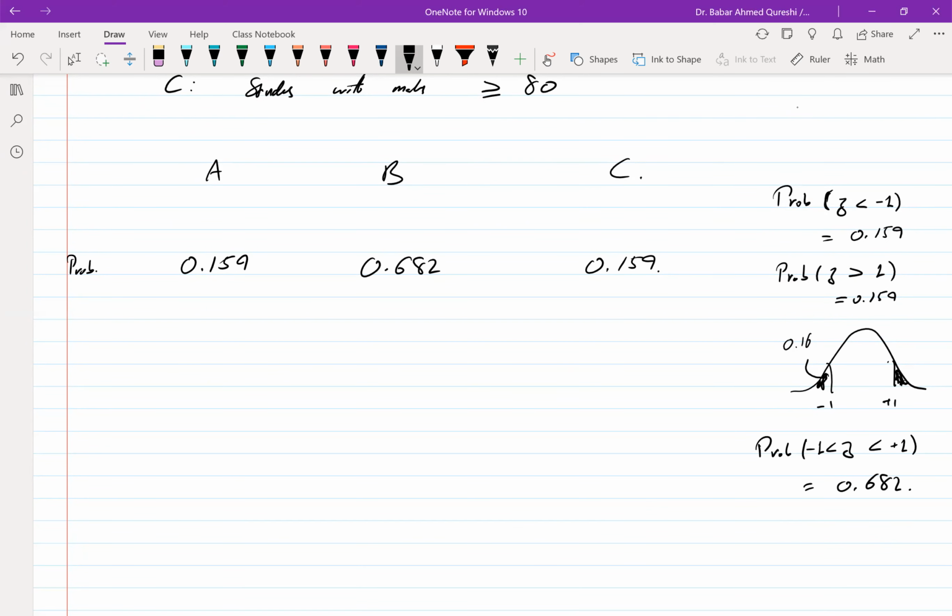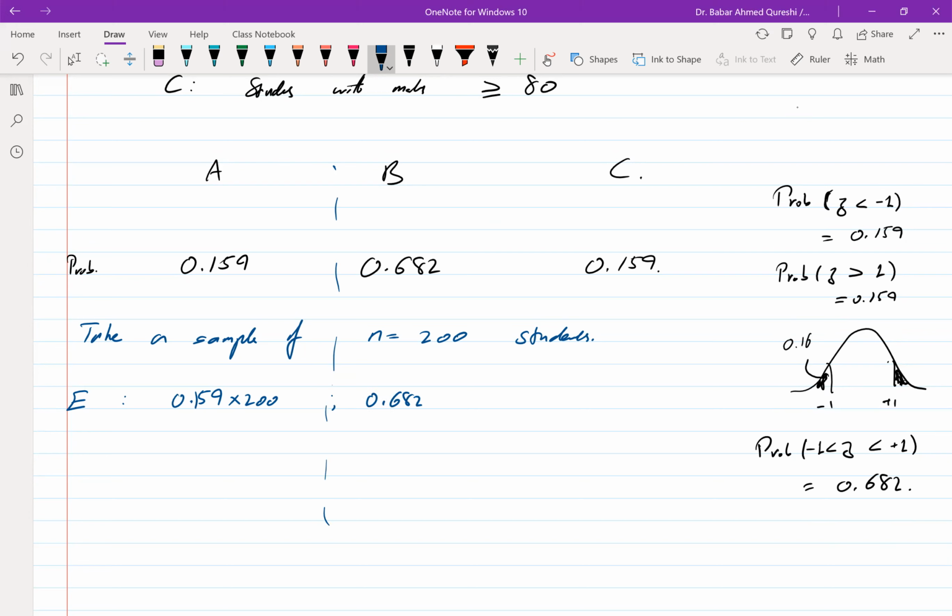Now, I expect based on this, suppose I take a sample of 200 students. Then my expected number of these 200 students which fall under this is simply 0.159 times 200 in this one, 0.682 times 200, and 0.159 times 200.